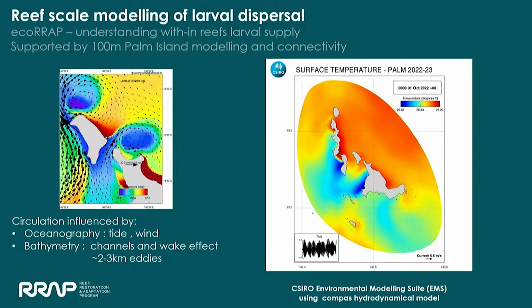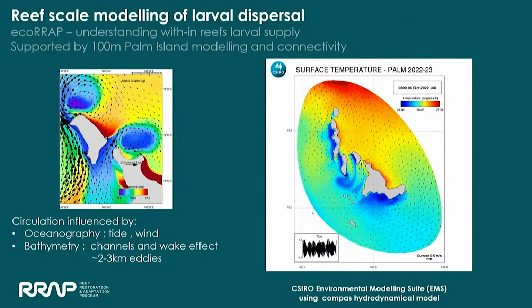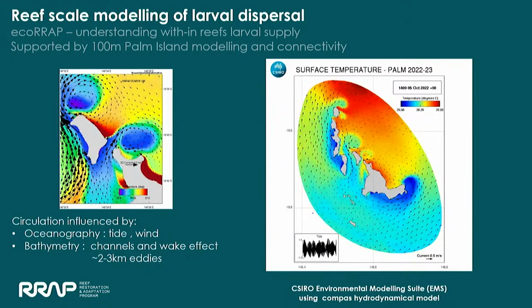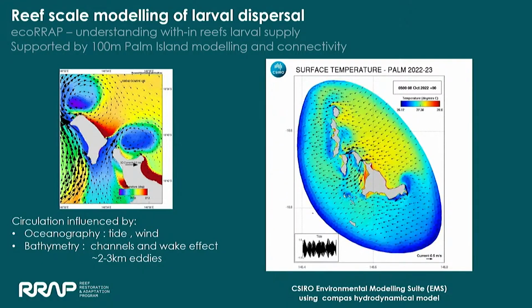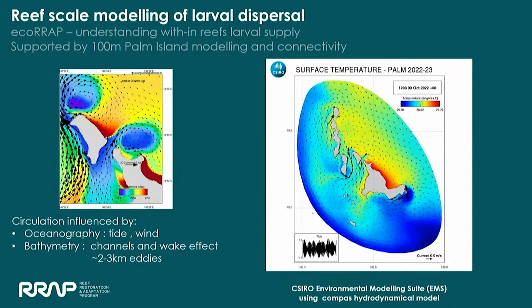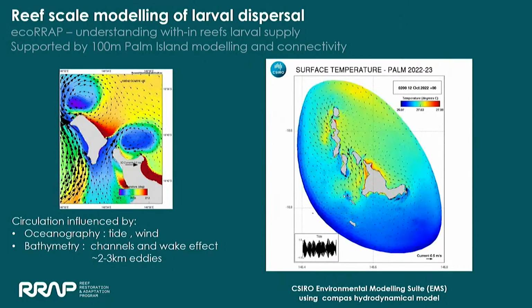Then there's the Palm Island model that Rob also introduced. Here we're also looking at fine-scale channels, and in this animation, what I want you to look at is the current pushed through in between the islands. They are pushed back and forward by the tide, and you can see a lot of little vortices spinning off.